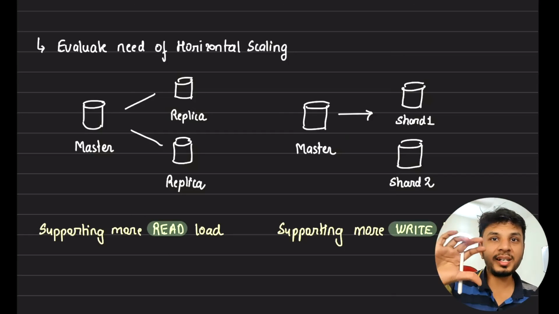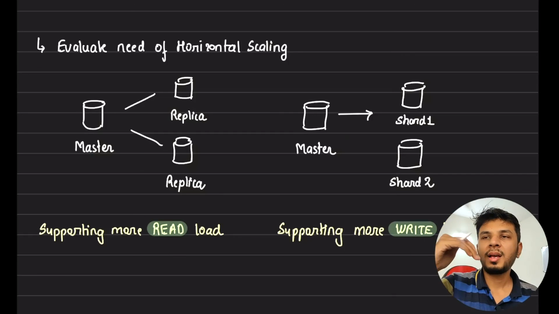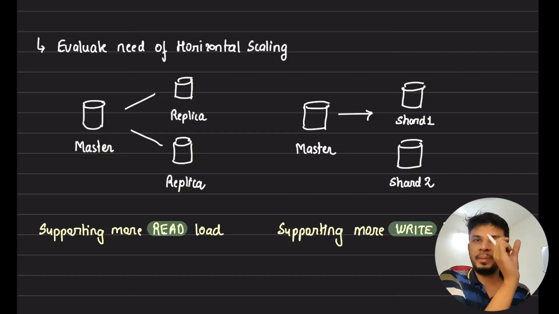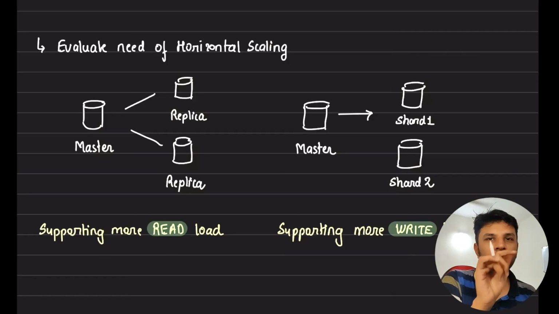So each shard is an exclusive set of data. Say you are creating two shards: half the data resides with the first shard, half with the second. In the business logic, if the hash of user ID mod 2 is equal to 0, move it to the first shard. If it is 1, move it to the second shard.